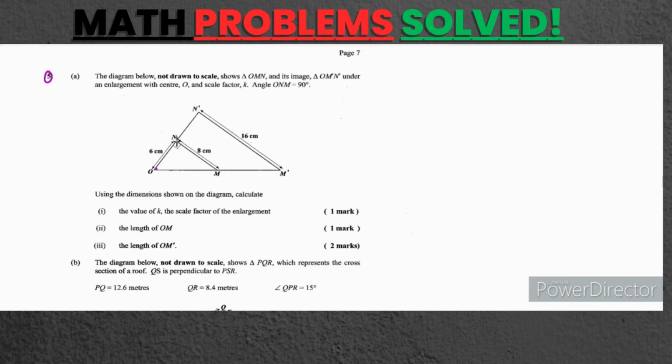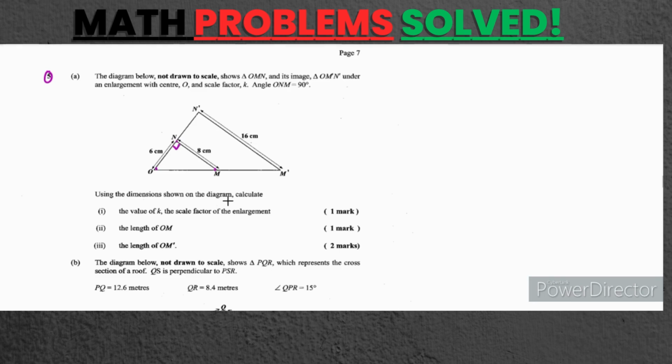You can see this smaller triangle is OMN, and OM prime N prime, this larger triangle, is the image of the original triangle under an enlargement with center O and scale factor K. So scale factor is K. Here angle ONM is 90 degrees. So it's a right angle, right?